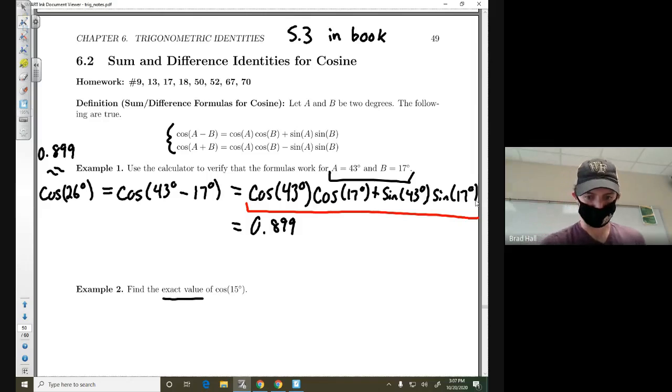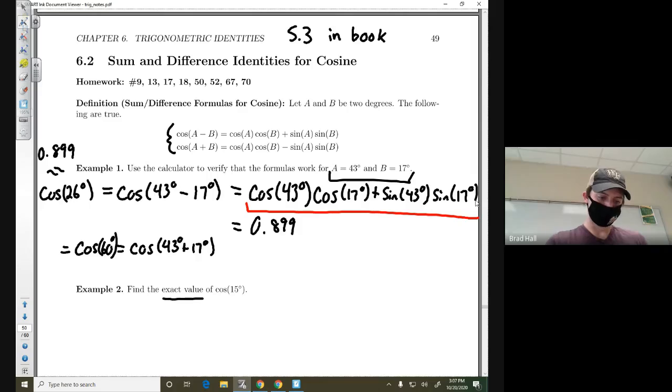The addition part is not really too much different. 43 degrees plus 17 degrees. 43 plus 17, well, look at that, it's 60. That's a special one. It's cosine of 60 degrees.